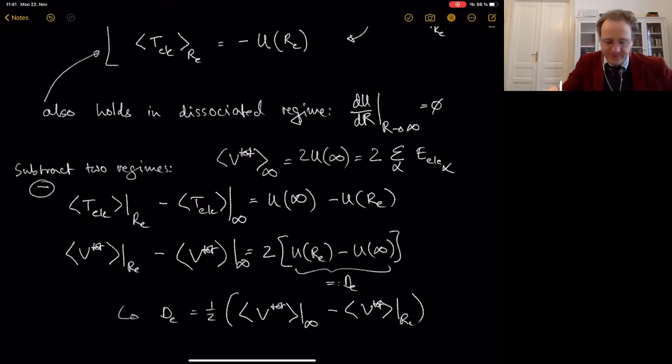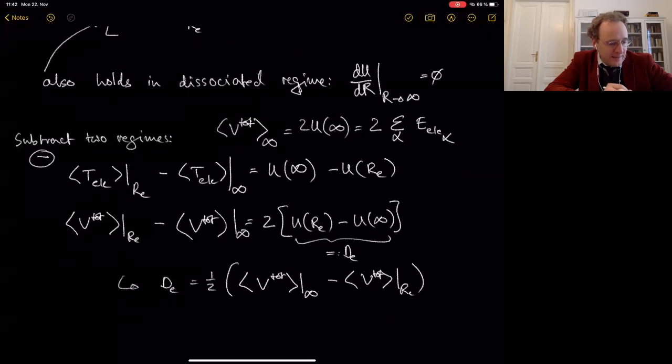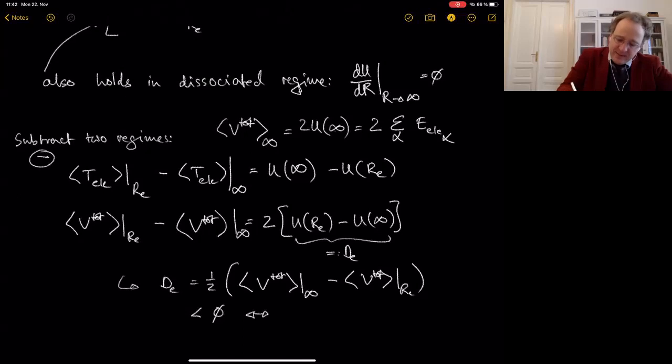Right. So this is a non-intuitive result that tells you that your dissociation energy has this direct relationship to the difference in potential energies. And what you also know is that this dissociation energy has to be smaller than 0 if there's supposed to be some bonding, right?